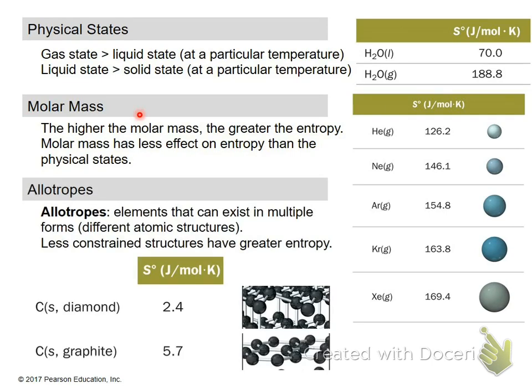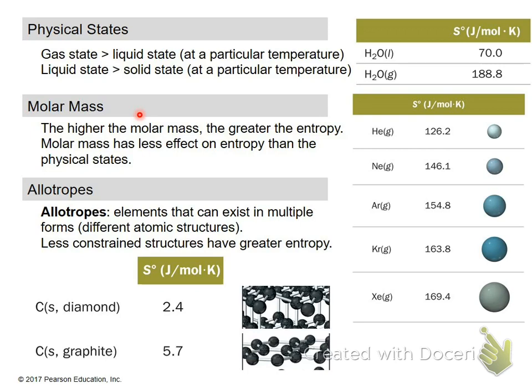All right, and the third example here is allotropes. Another factor that affects the value of standard molar entropy. Allotropes, by definition, are elements that can exist in multiple forms. For example, diamond versus graphite. For the less constrained structures, they have greater entropy.